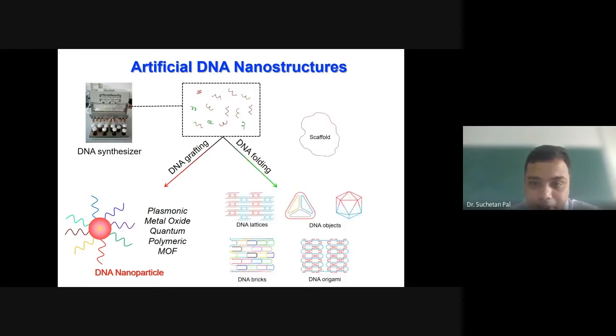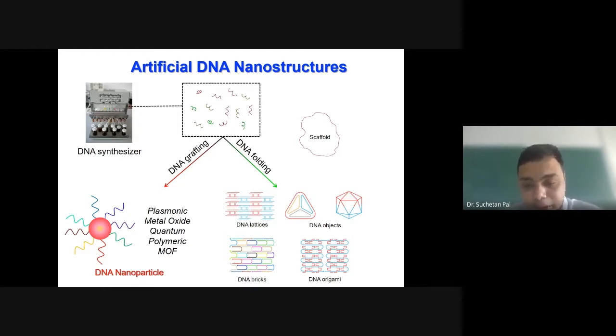Or you can have another long piece of DNA and fold short DNA with the long DNA, and generate different kinds of DNA nanostructures. These nanostructures are essentially made out of only DNA, via DNA duplex formation. I am not going into basics, I assume you know what a DNA duplex is.